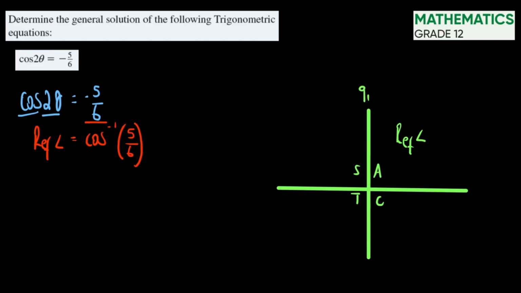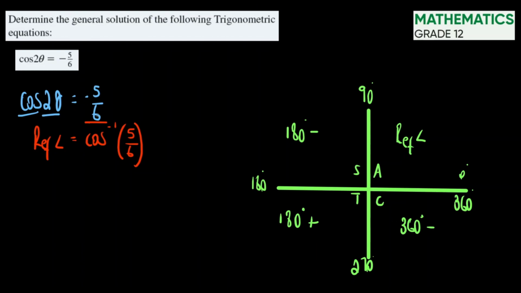We have 0, 90, 180, 270 and 360 degrees. In the second quadrant it's 180 minus, where sine is positive. In the third quadrant, only tan is positive, so it's 180 plus. In the fourth quadrant it's 360 minus, where cos is only positive.